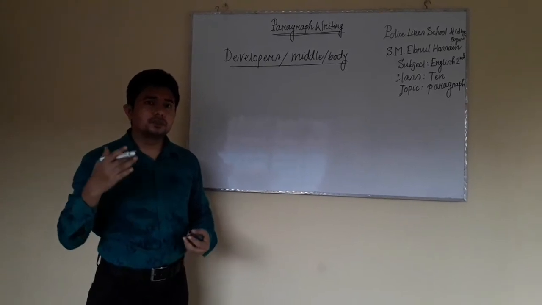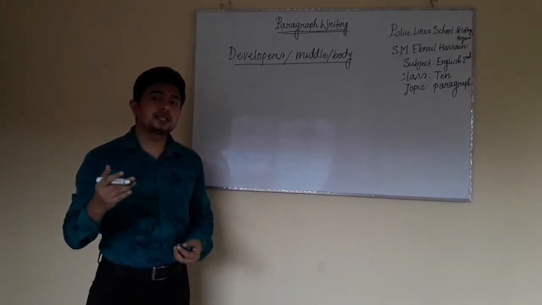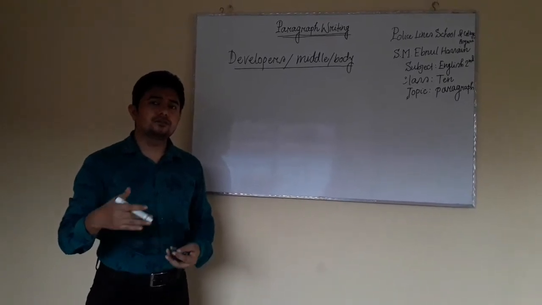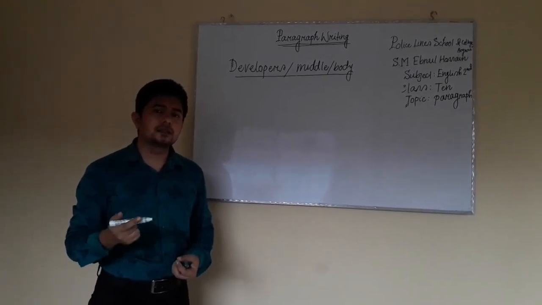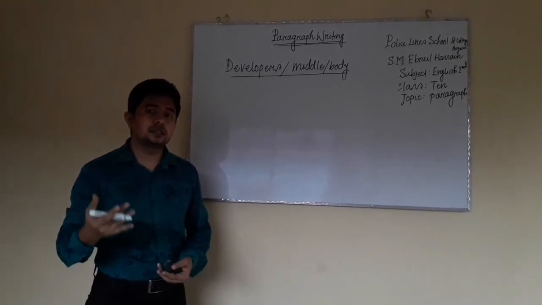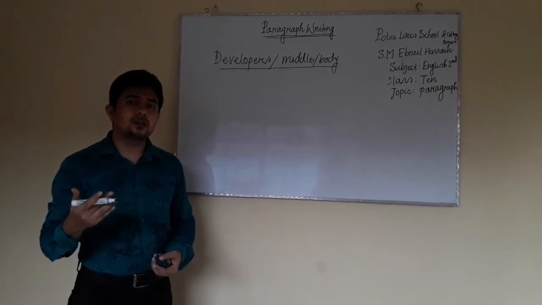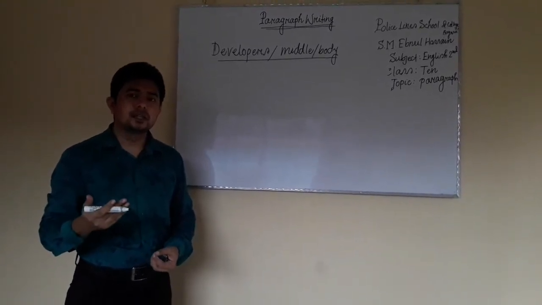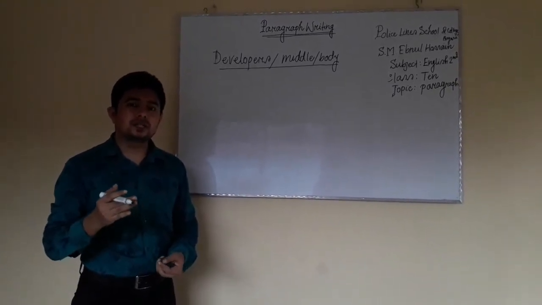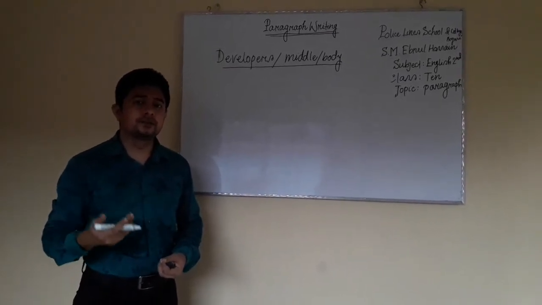Developers must maintain coherence and logical sequence of the sentences. That means all the sentences must be connected with one another in a logical sequence. No unrelated or haphazard sentence should be written because it will spoil the entire paragraph.